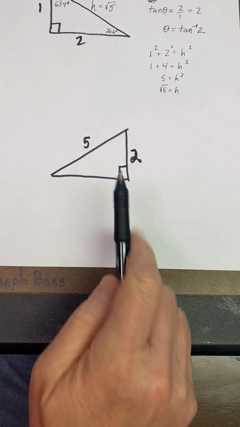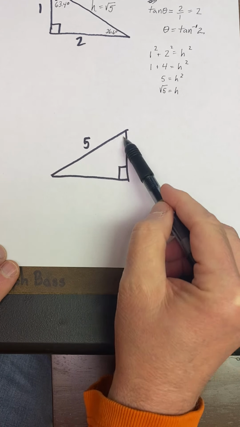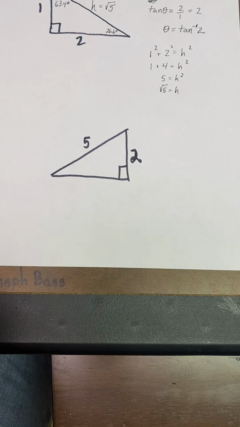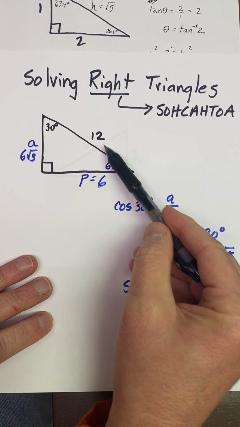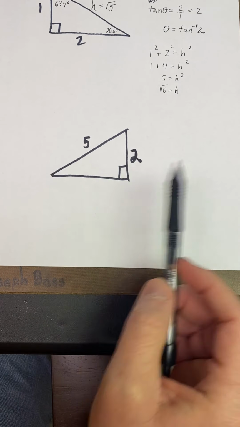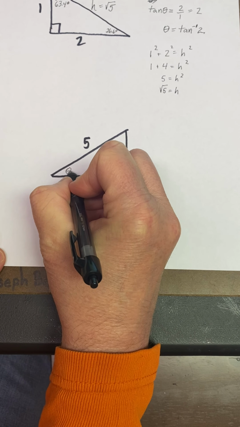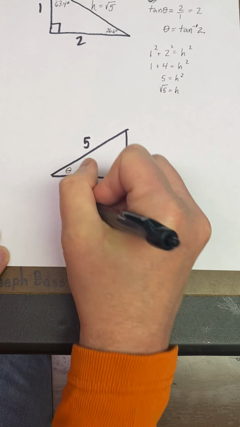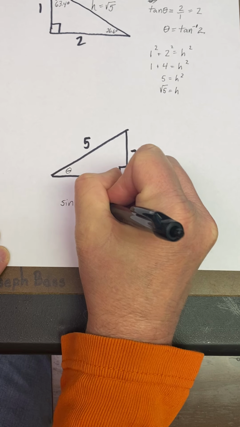This one is essentially just like the one I just did. I don't know any other angles except the right angle, but I know two sides. And the ones we solved earlier in the semester, we knew an angle and only one side. We could find the other angle based on the one angle we knew. We don't know any angles here. So let me call this one theta. Call that angle theta. And I know, based on the fact that it's a right triangle, that the sine of theta is the opposite over the hypotenuse, 2/5.